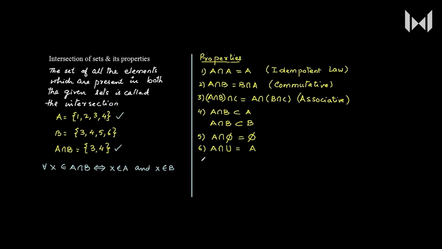Now then we come to two important properties which involve the intersection and union. We call it distributive property.